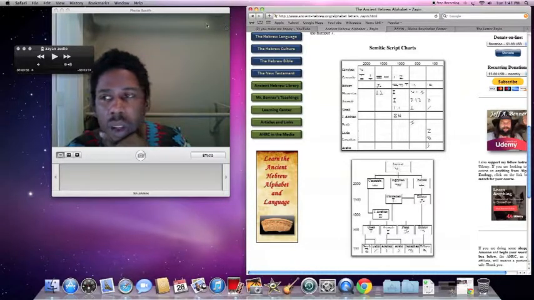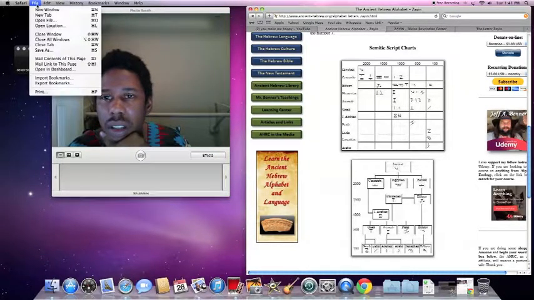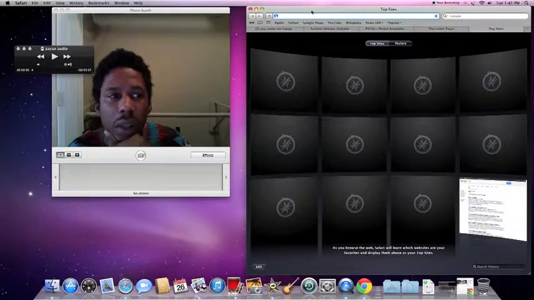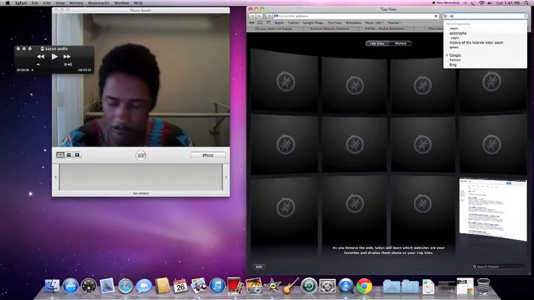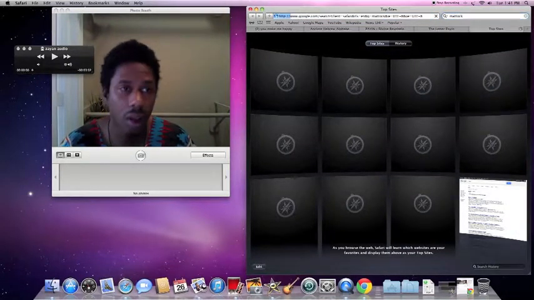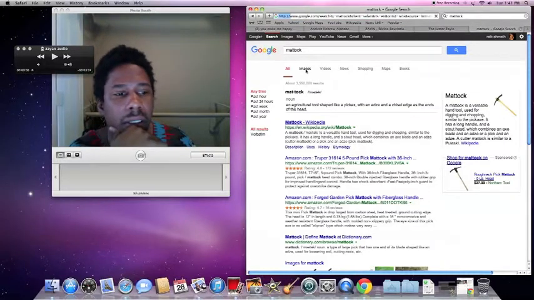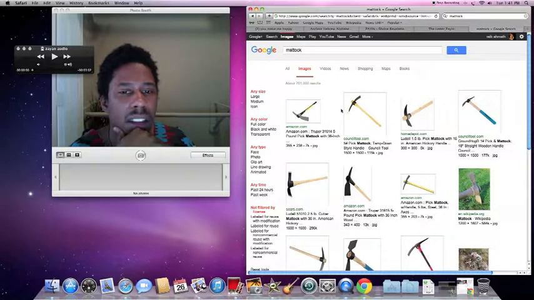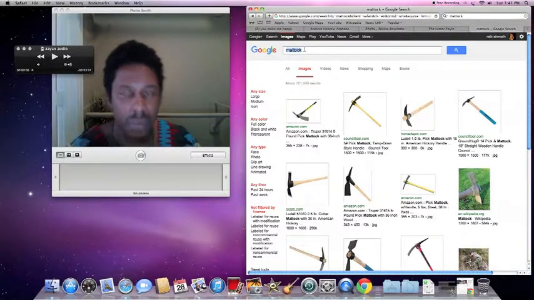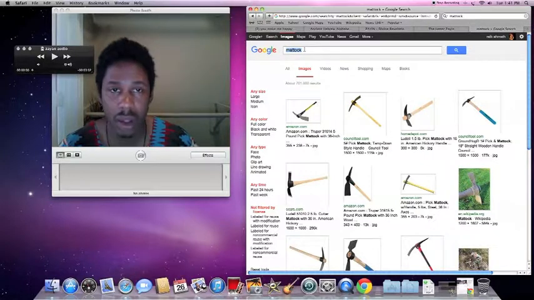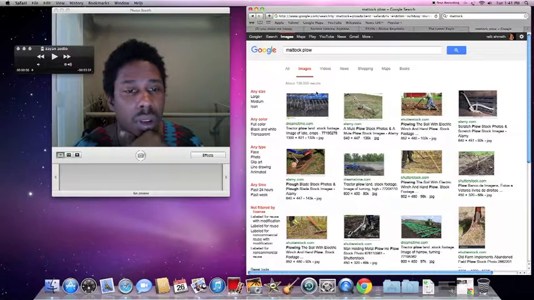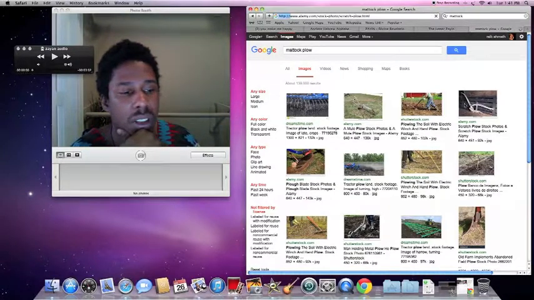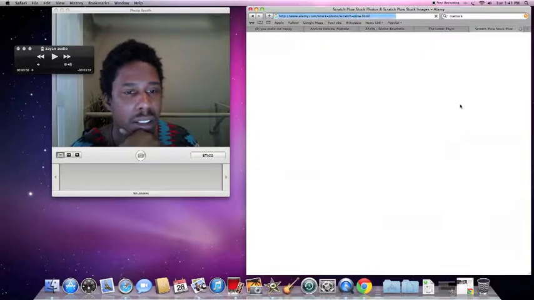What we're going to do here is open another tab real quick because I don't want to lose anything. Look up mattock. This is a mattock. As you can see, the modern Hebrew has this type of shape. If you look up a mattock plow, this is a perfect picture right here.